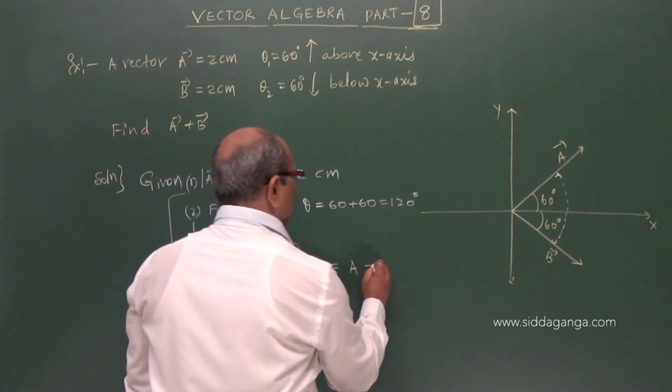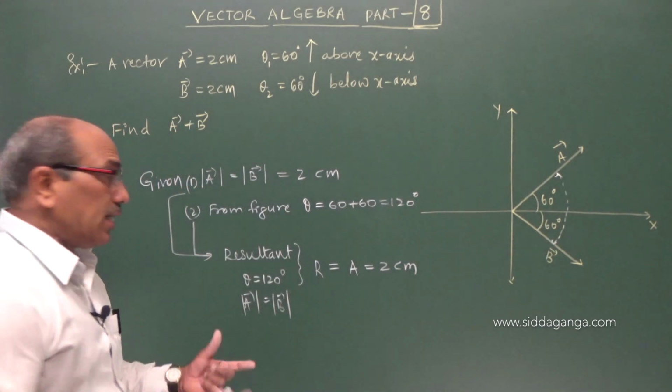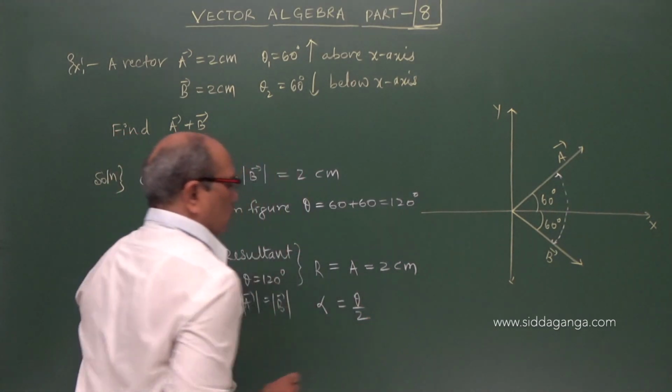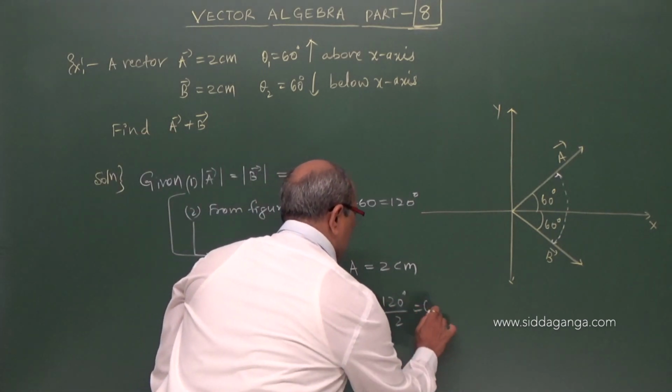Therefore, the answer is directly 2 centimeter. What is the angle alpha the resultant is making? It is theta by 2, that is 120 degree by 2 equal to 60 degree.